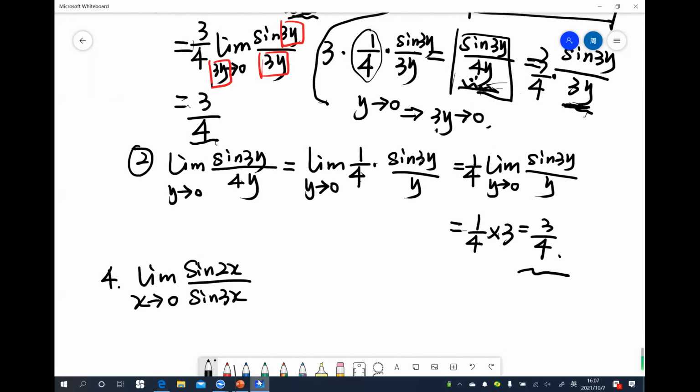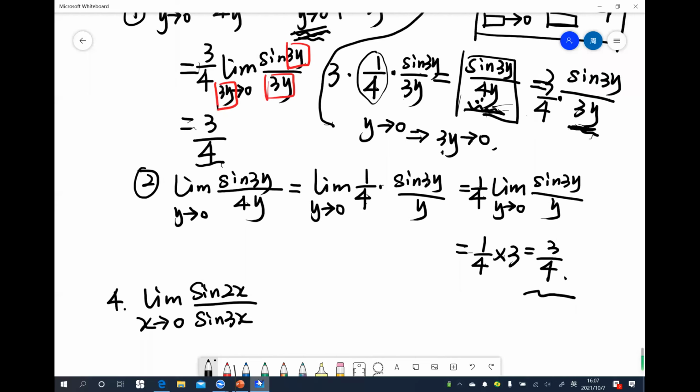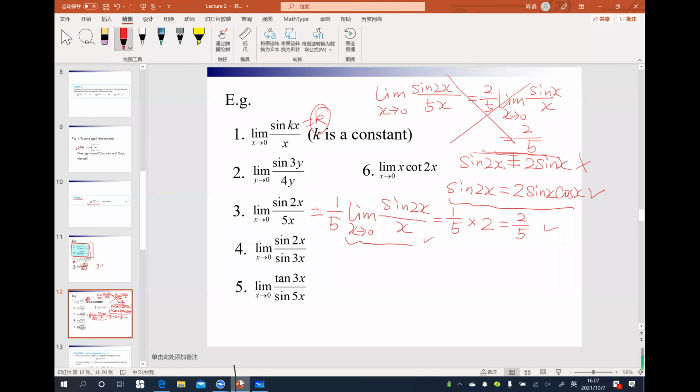One more thing. Can I use here the rule sin 2x equals 2 sin x cos x? No, I have just told you sine 2x does not equal 2 sine x.